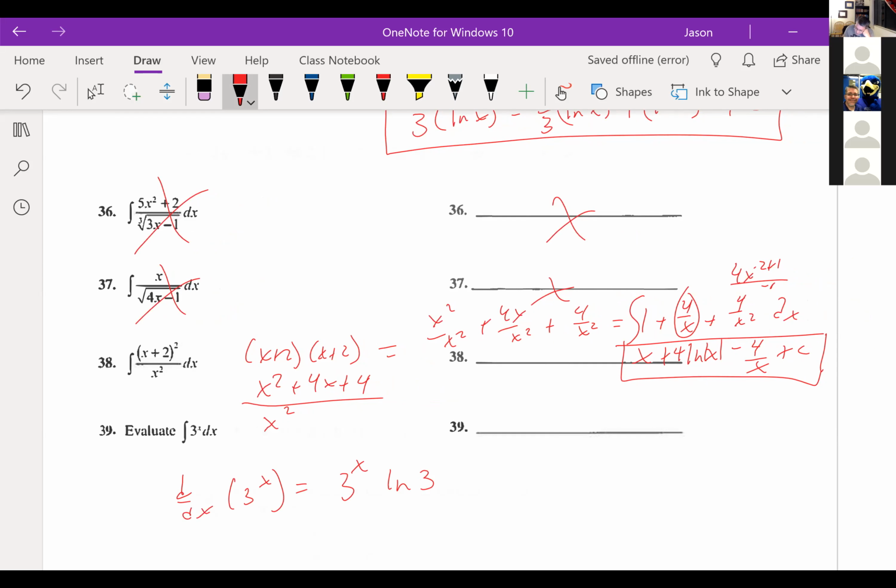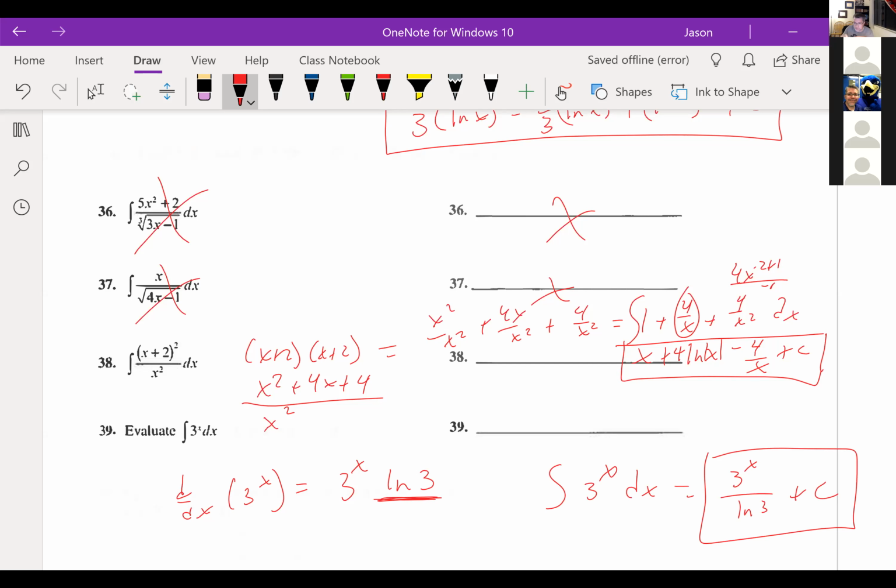If when I take the derivative, I have to multiply by natural log of 3, what do you think I'm going to do when I have to take the integral? I would do the opposite, right? I would just divide by natural log of 3. So I would get the same thing, but over natural log of 3 plus c for that one.